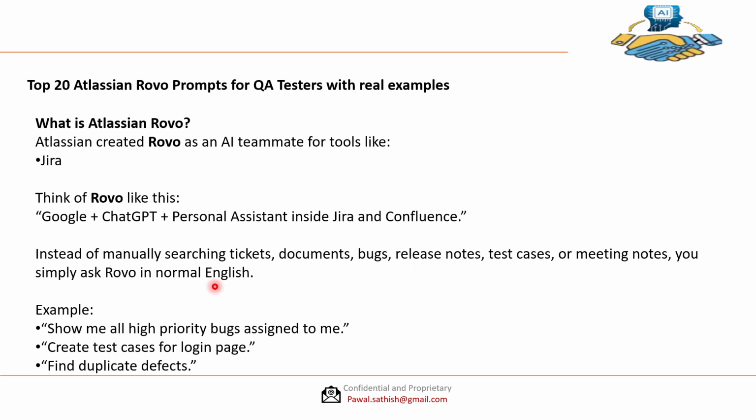For example, here I mentioned some prompts, like show me all high priority bugs assigned to me, or create test cases for the login page, or find duplicate defects. Then Rovo will give the output.